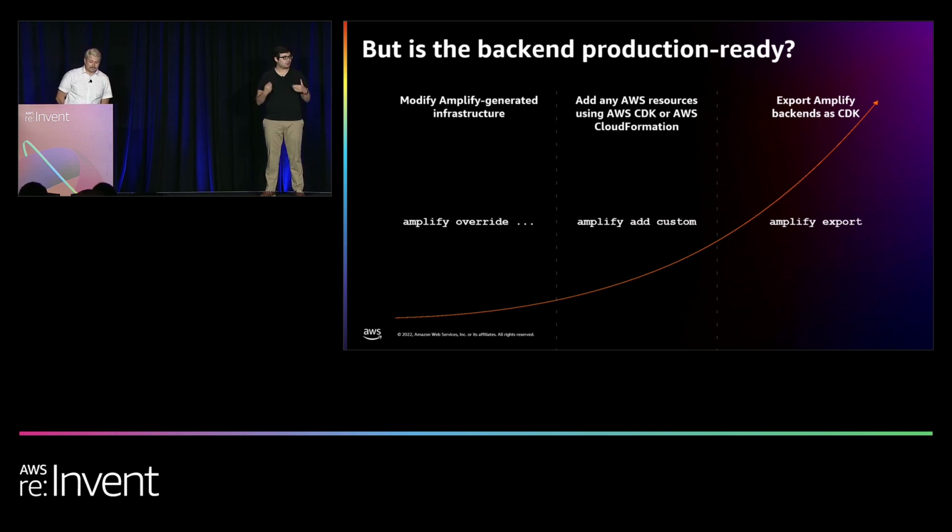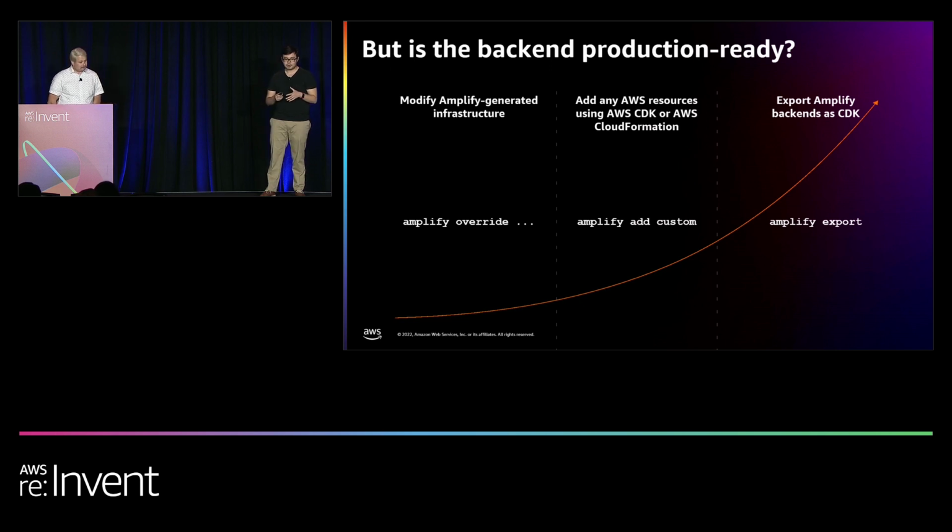So you can run Amplify export, and we basically take that Amplify project, package it up in a little CDK app, and you can pass that forward to your centralized deployment team. They can do all the auditing that they're really experienced in, all the governance work that they need to do, all the really important work. And then they can just deploy it through that mechanism, do multi-region, multi-account replication very easily.